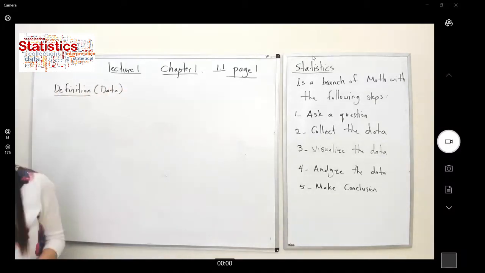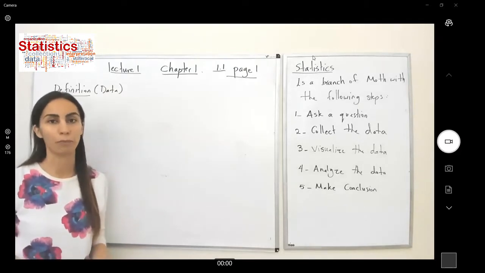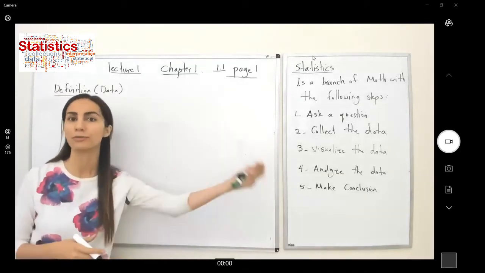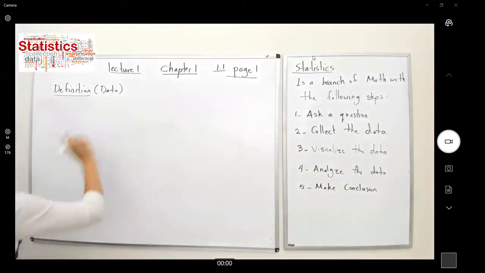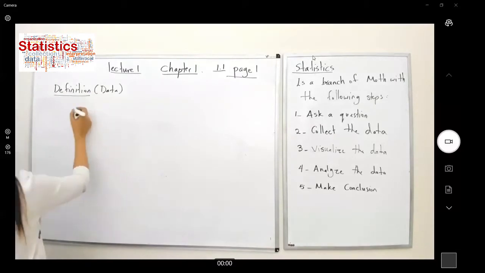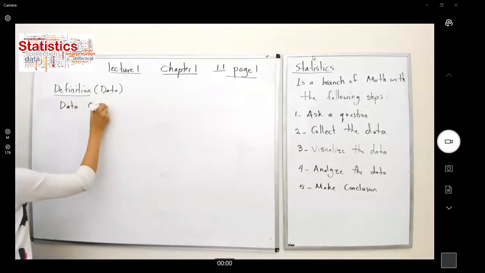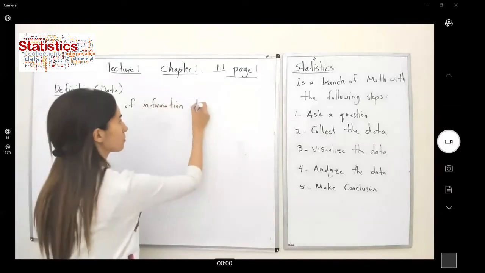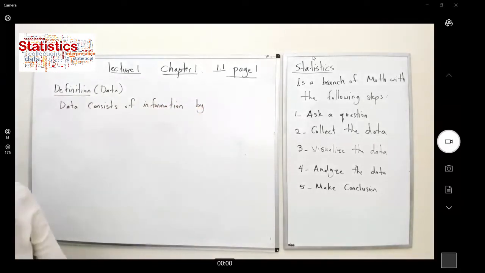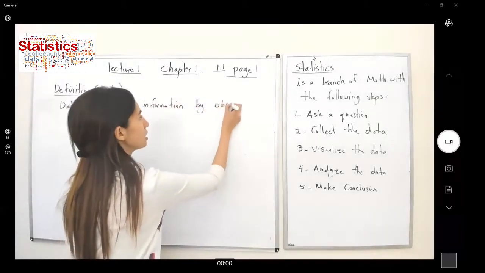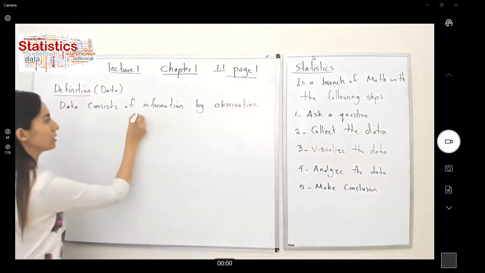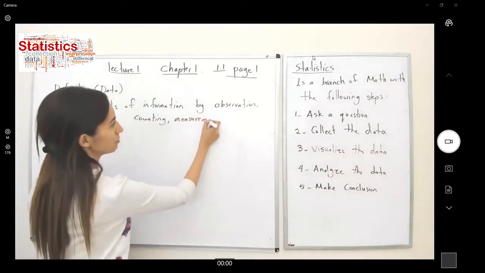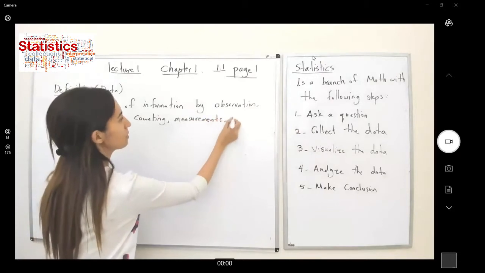So officially we can say that data consists of information, numbers, maybe digits, collected through observation, counting, measurements, and so on.